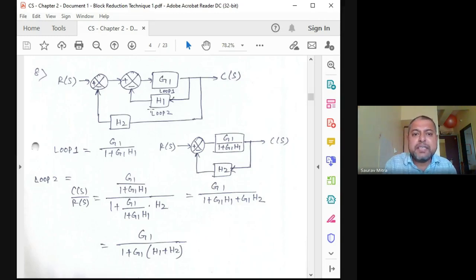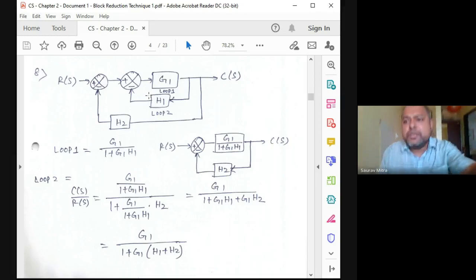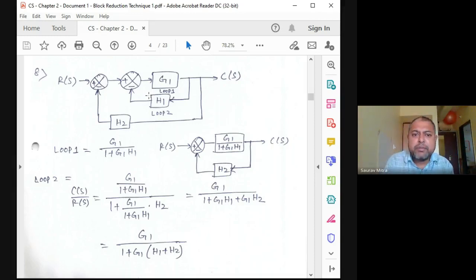If this kind of thing is given, first you have to get a loop which is not entangled. Entangled means one loop has another loop inside it, and that should not be the case. So we find that this is a very clear cut numerical because it is very basic. Initially we are solving this, that's why it's a very basic numerical. Loop 1 and loop 2 are clear cut, they are separated.